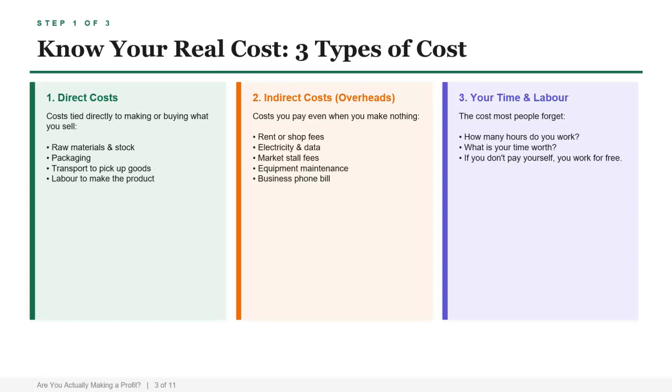Let's say you're a seamstress or a fashion designer, you need to service your equipment maintenance, business phone bill, your calls to people. These are indirect costs that have to go into your pricing.